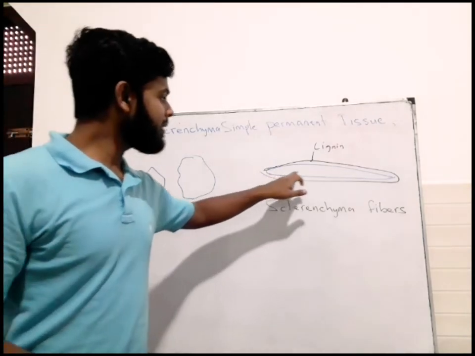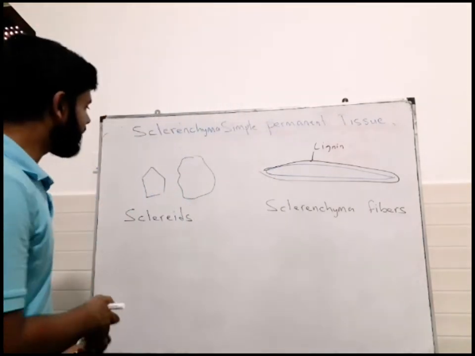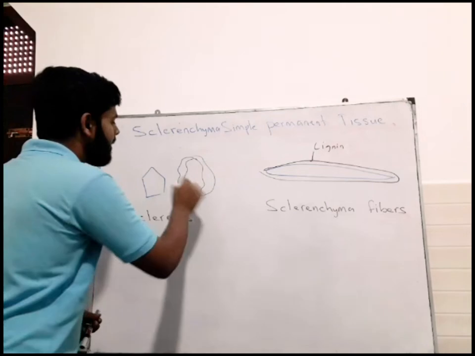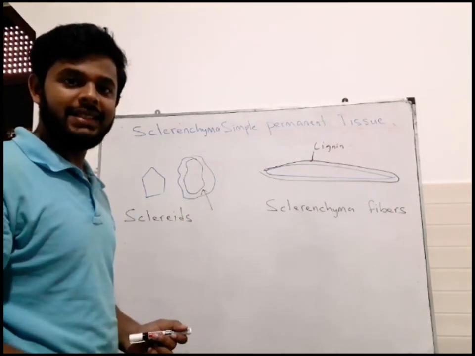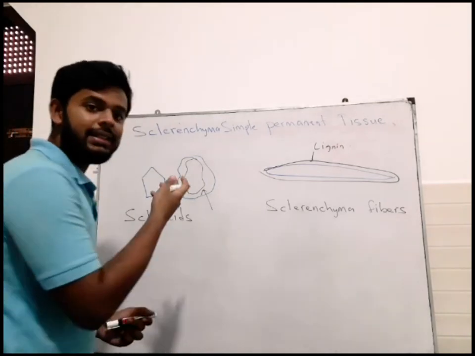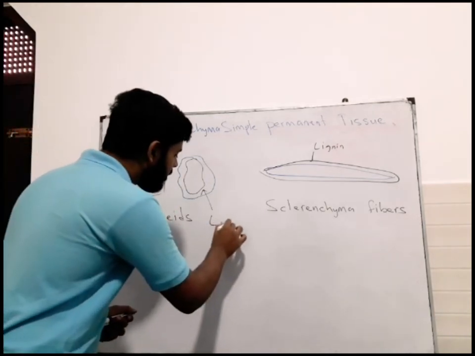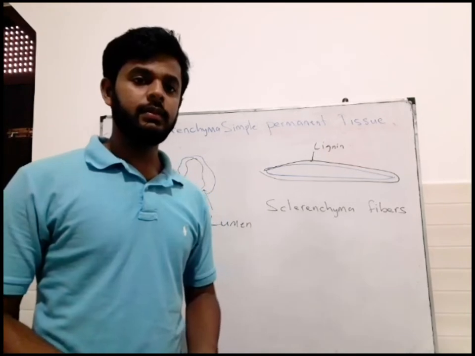But here we can see a lumen. The lumen is filled with the waste material of these cells, so we don't call this a vacuole, but we call it a lumen.